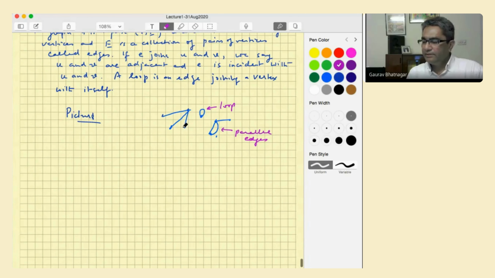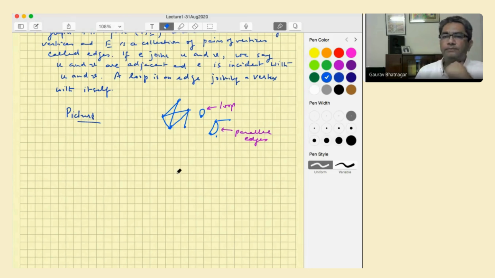Well, this is possible. So vertices are dots, and edges are lines joining them.